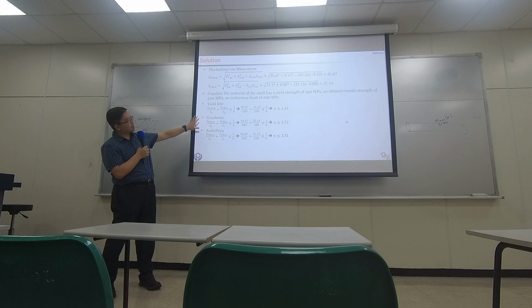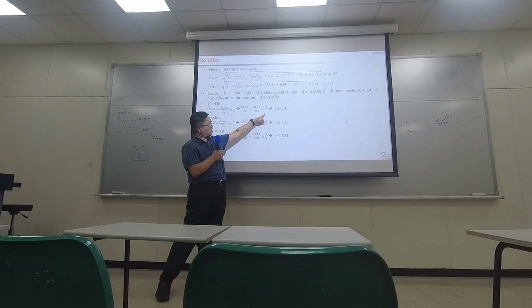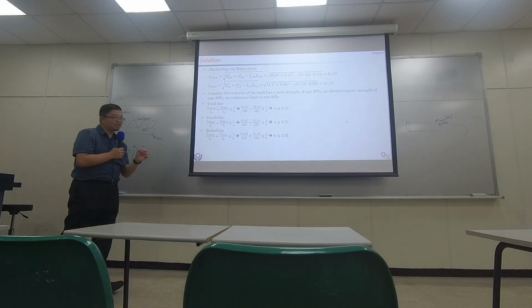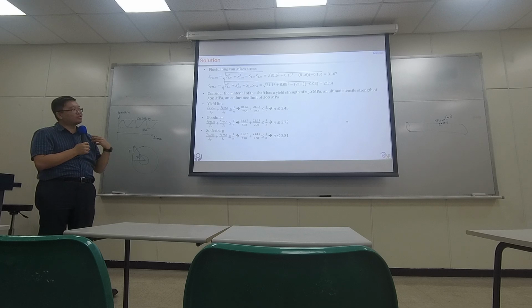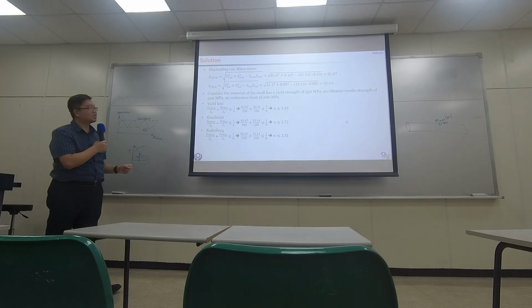Now, plug in all the numbers here. You will get different values of n, basically the safety level. And once you see those, you need to be able to study what those safety levels mean.